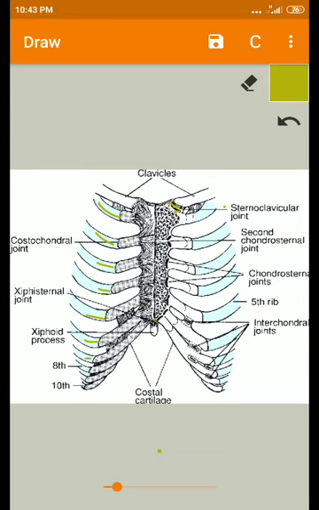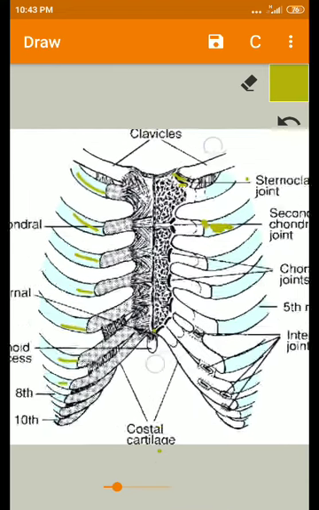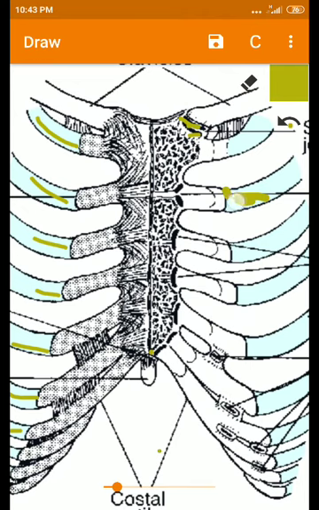So the anterior aspect of the rib is joining with the costal cartilage, forming the costochondral joint.